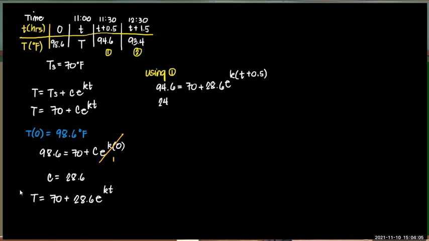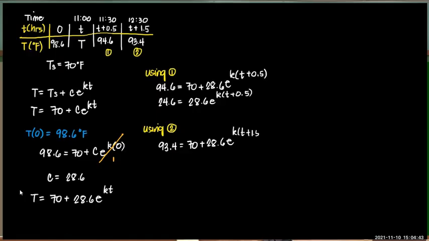Am I correct? 24.6 is equal to 28.6 e to the k times t plus 0.5. Using 2, 93.4 is equal to 70 plus 28.6 e to the k times t plus 1.5. So 23.4 is equal to 28.6 e to the k times t plus 1.5.